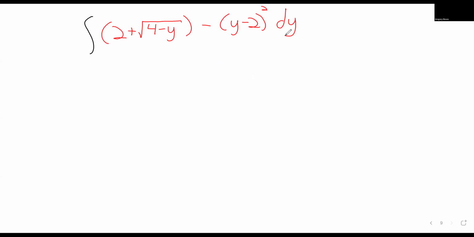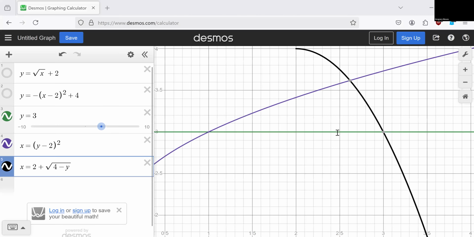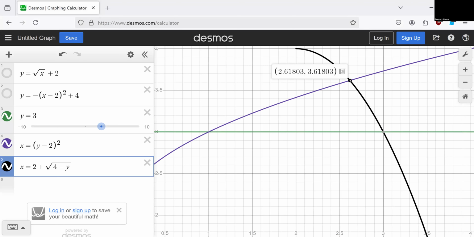We're starting still down here, this horizontal line at y equals 3 is our lower bound. We go up to that point, and that 3.6 is our upper bound.